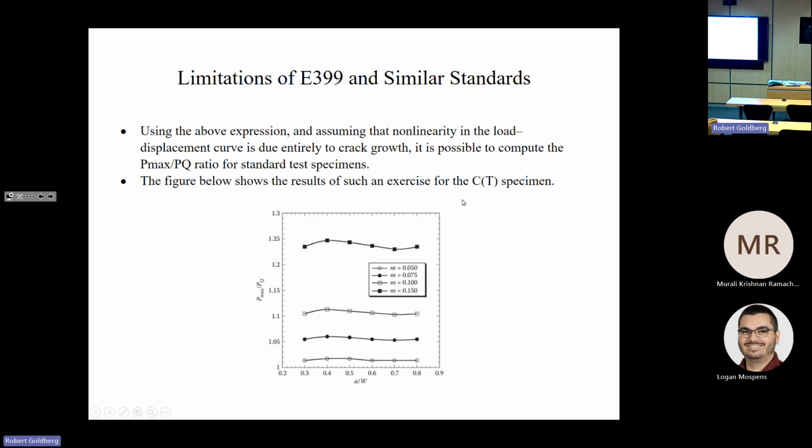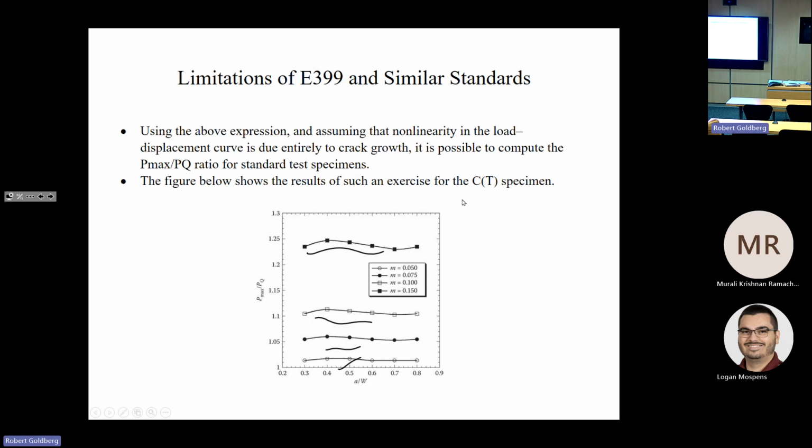Your load ratio then becomes a function of the exponent M, but it's insensitive to A over W. You see that it's relatively flat.